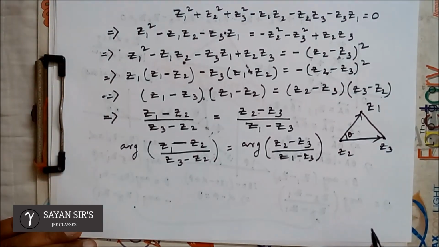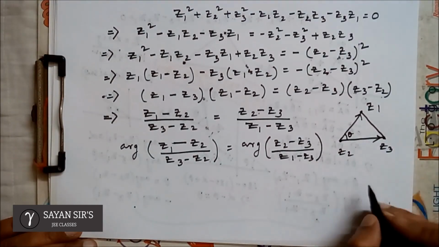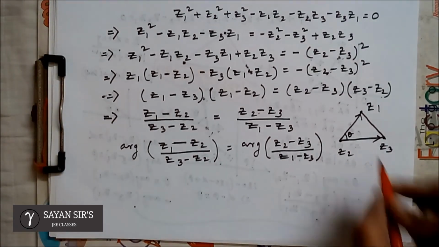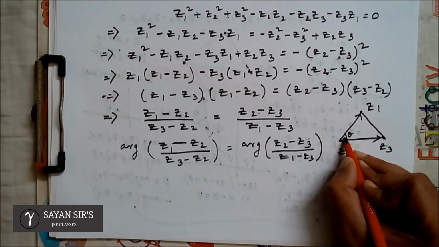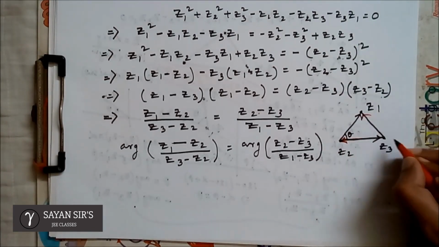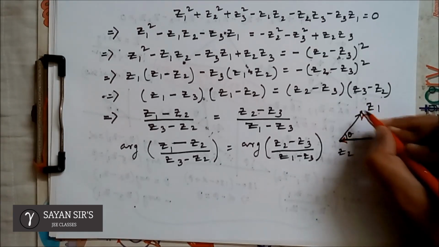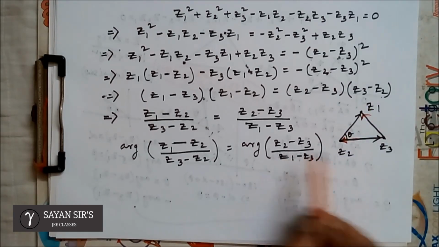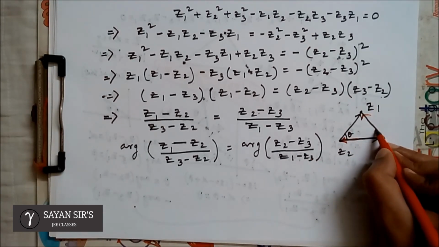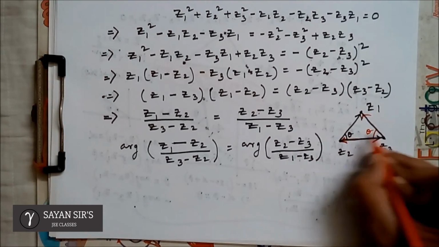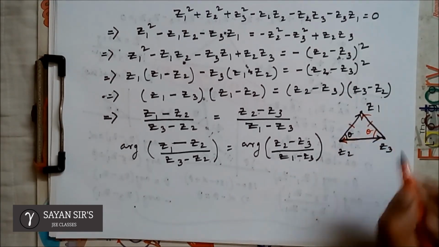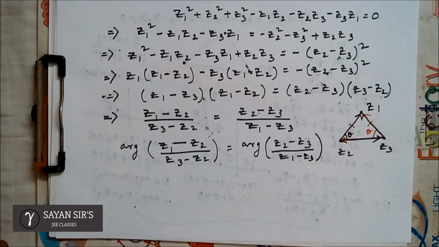Similarly, z2 minus z3 is this vector here, and z1 minus z3 is that vector. So argument of (z2 minus z3) divided by (z1 minus z3) means we are talking about this angle, and we are saying that these two angles are equal, which means that these two sides are equal. So this side and this side, they are equal.